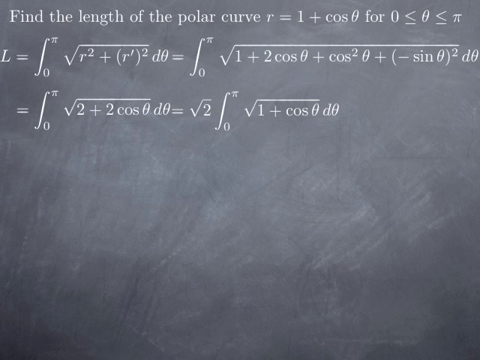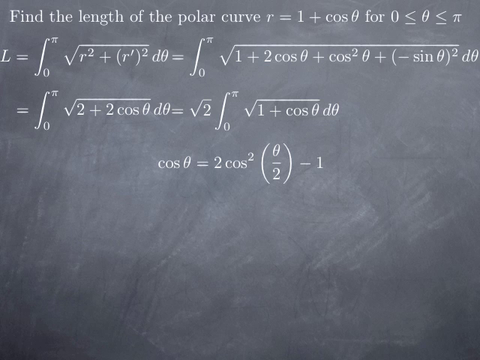And now we need to calculate this integral of the square root of 1 plus cosine theta. We've discussed this kind of thing before. We would like to get rid of the radical, and one way to do this would be to use the double angle formula. Specifically, we can express the cosine of theta as 2 times the square of the cosine of half the angle, theta over 2, minus 1.